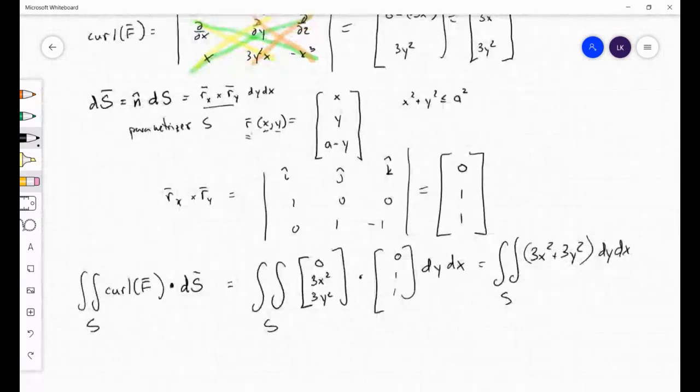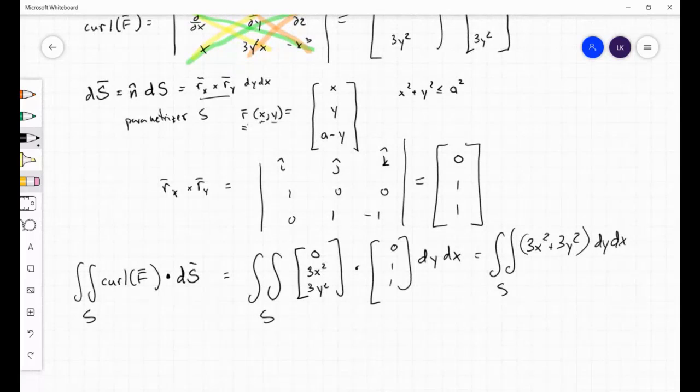Okay, and so this would now be in parameter space, so my bad. So the parameter space is that we're integrating in the xy plane over that disk of radius a. So it's obvious that we should use polar coordinates. So this would become 3r squared.